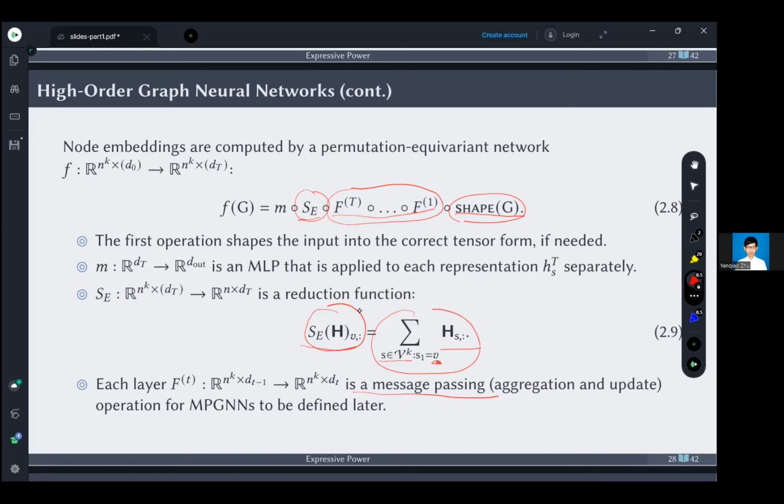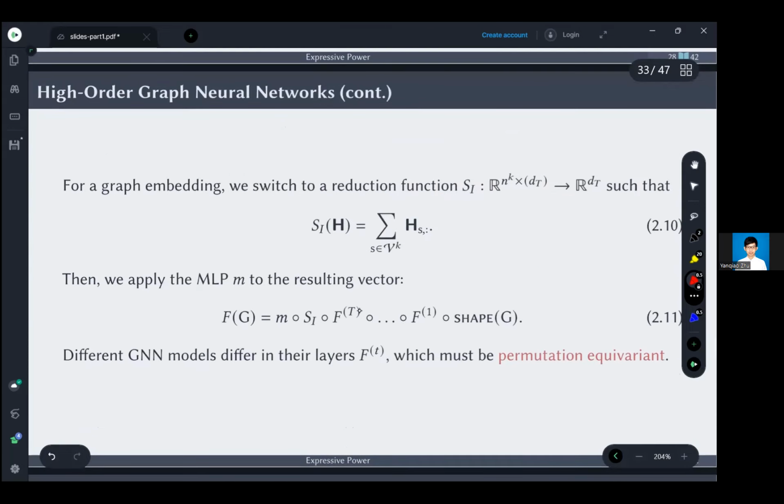After you transform the tuple representations, you will have several tuple representations, right? But in our case, we are still interested in node-level representations. So we have to convert the tuple representations into node representations. That's why you have a function SE here, followed by a nonlinear transformation M.